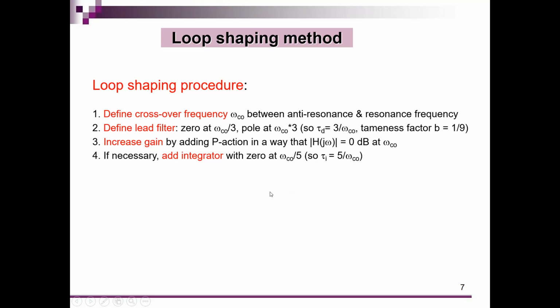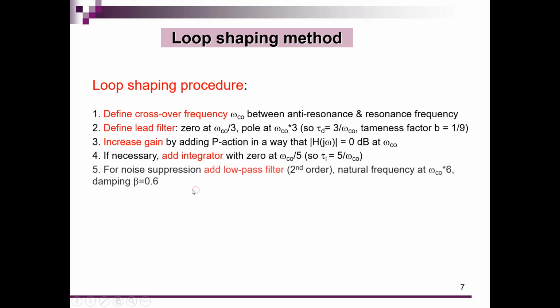And when you have a lot of noise in your system, you could, for instance, use a second order low pass filter, and then a good starting rule could be that you set the natural frequency of that second order low pass filter at omega crossover times 6 and use a damping ratio, so a beta, of 0.6 as a starting value.